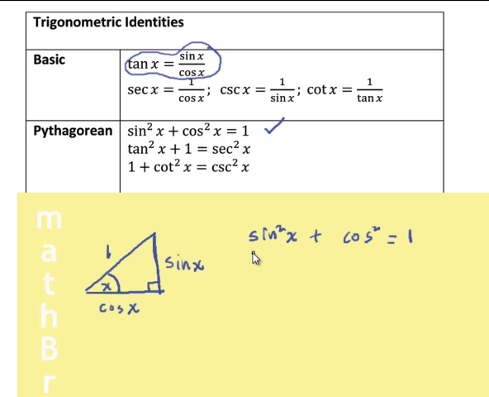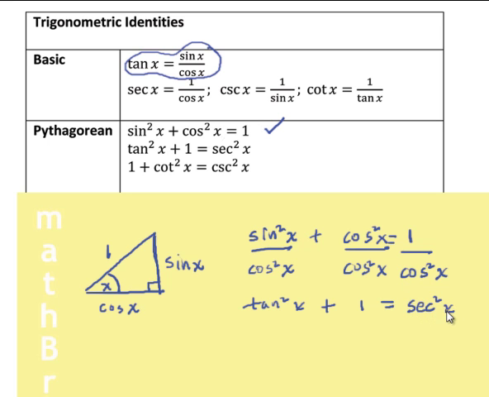Let's divide by cos squared over here, and cos squared, and cos squared. Sine squared over cos squared, that's our tan squared. Cos squared over cos squared is 1. And 1 over cos squared is secant squared. So that's how we get our second identity.